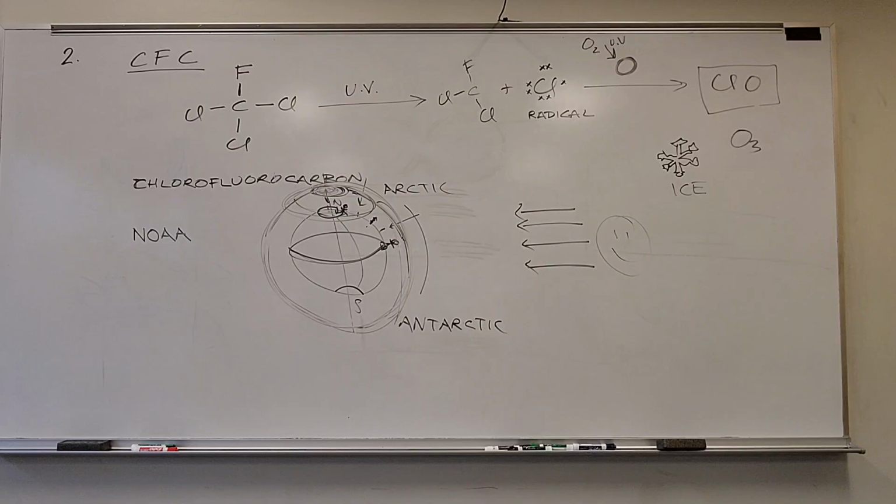So even in our book it says, this is page 40, scientists discovered the hole in 1985, that stratospheric ozone over Antarctica had been reduced by about 50% for several months each year. So it's a cyclic thing.